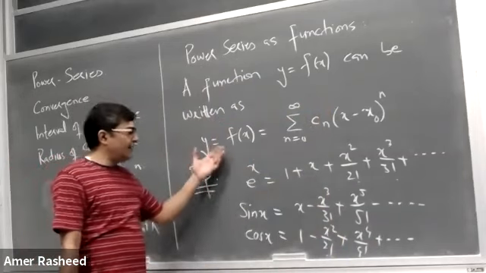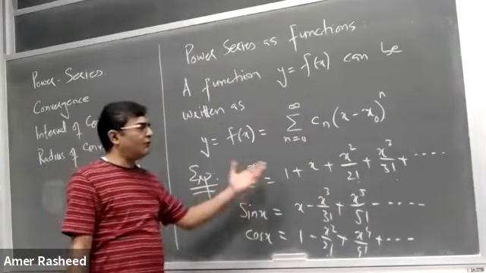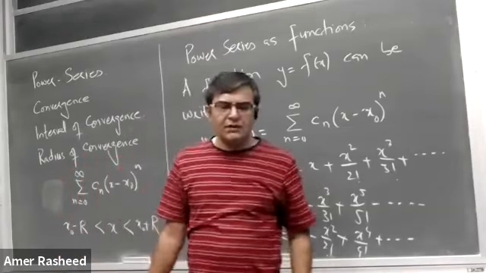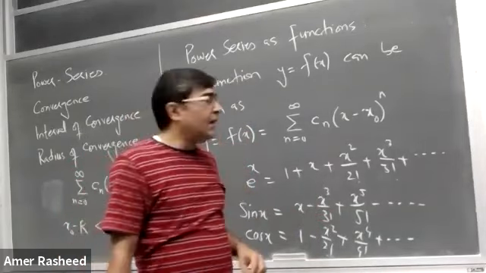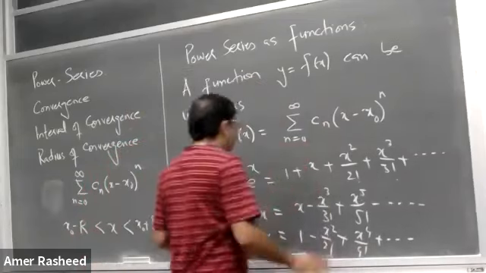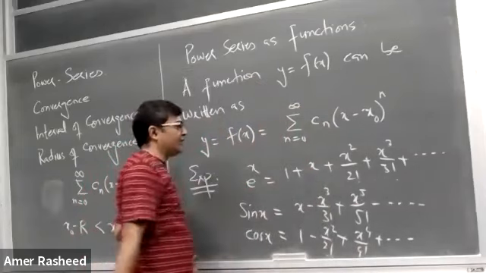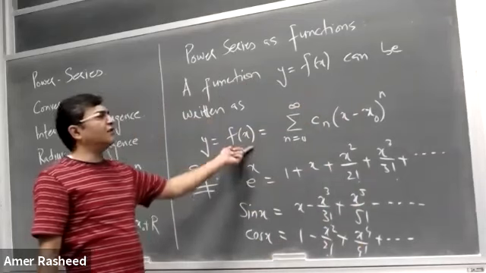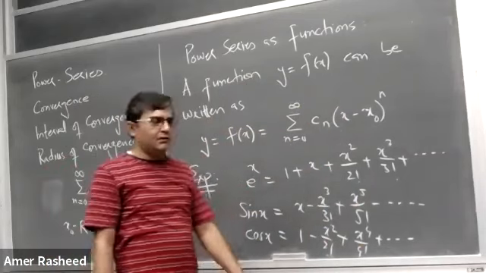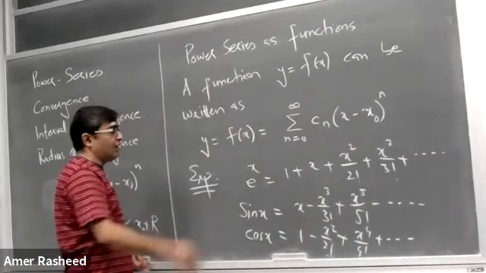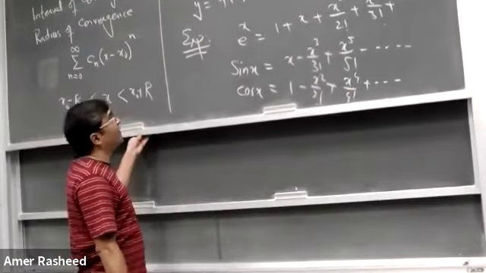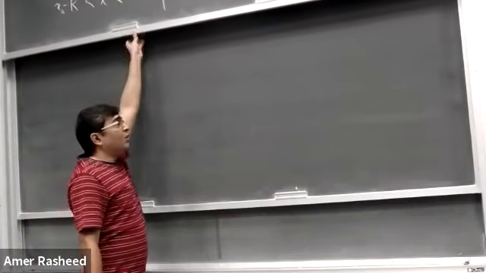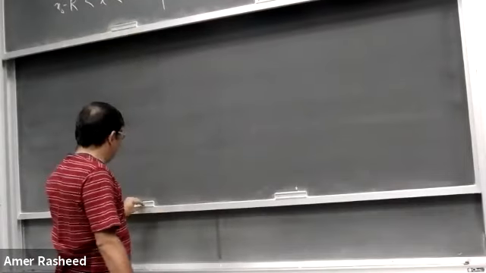Okay? And these are examples of functions which can be written in the form of a power series. So we'll discuss it later on. For the time being, just consider that any function can be written in the form of a power series. It depends on the function itself as well.